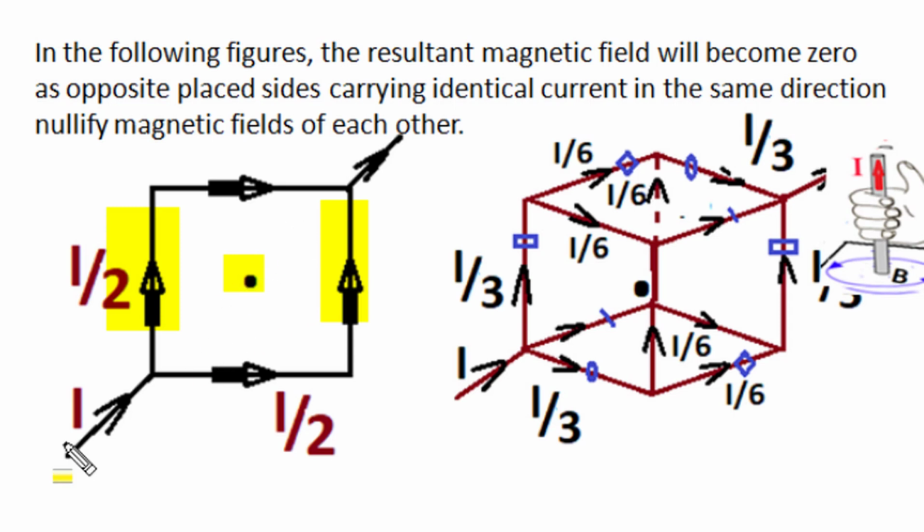Or there may be some straight current sections for which our observation point becomes an axial point, and a straight conductor won't produce any magnetic field along its own axis. So these straight sections won't produce any magnetic field, and these two oppositely placed sides carry an identical amount of current in the same direction and produce a resultant magnetic field of 0 at this observation position.